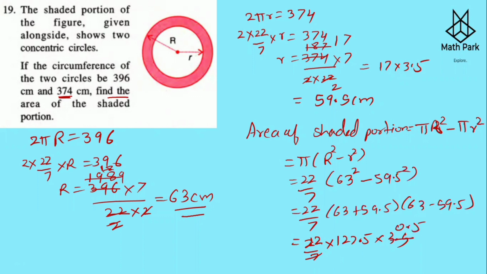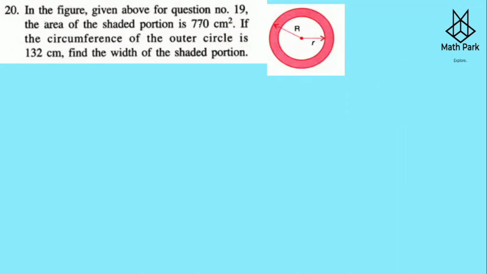Let us multiply this: 22 times 122.5 times 0.5, you get 1347.5 centimeter square.